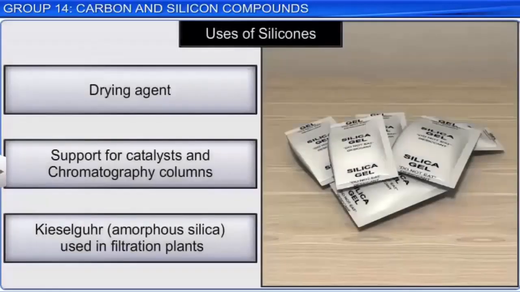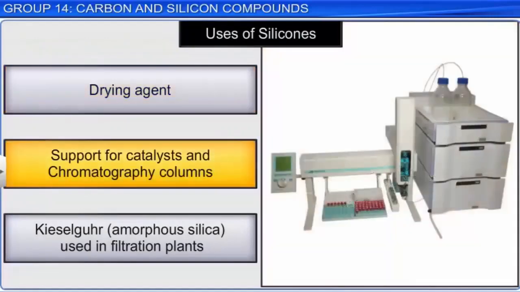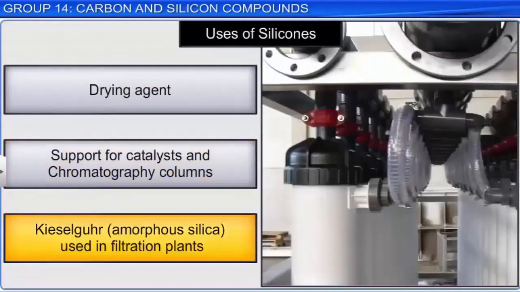Silica gel is used as a drying agent and as a support for catalysts and chromatography columns. Kieselguhr, a form of amorphous silicon, is used in filtration plants.